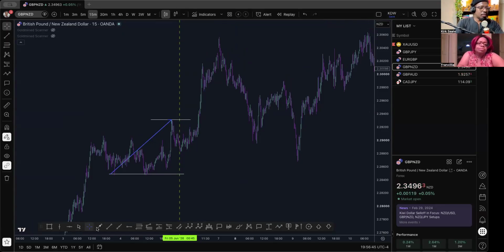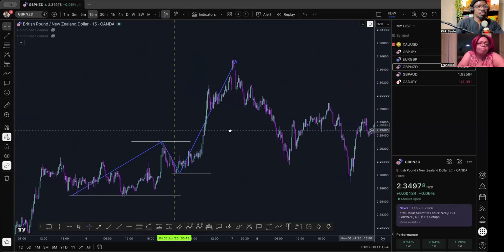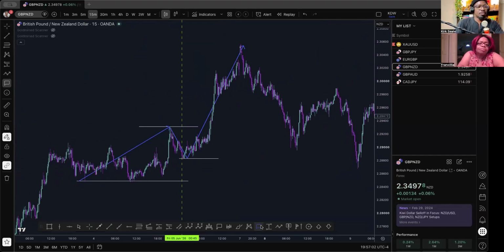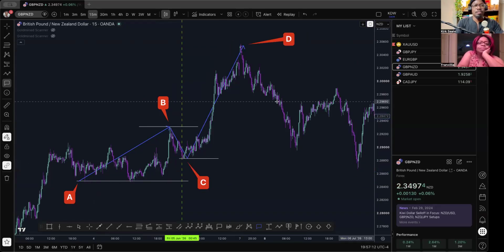We then got this as the next low, and this low is higher than the previous low. And then we went, all right, let's not complicate, we went up to here. So it's not as pretty as what I showed you before, but this is A, this is B, this is C, this is D.